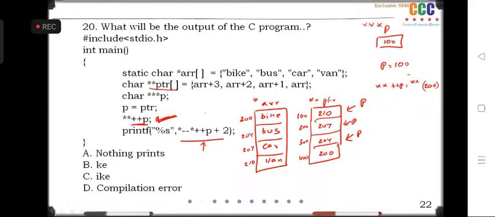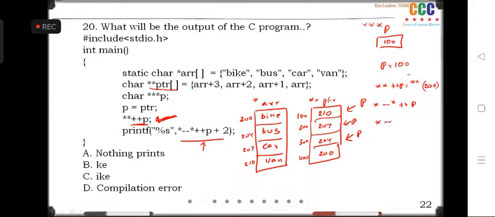Then you are moving one step ahead. What is that? In the print statement, again it is star minus minus star plus plus P. So here from 200 to 300.